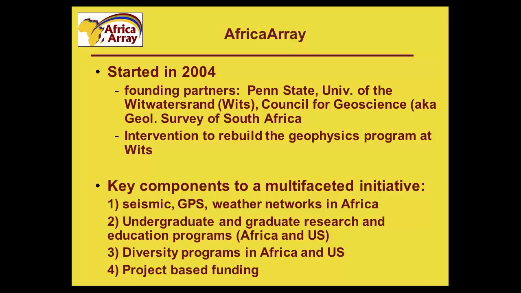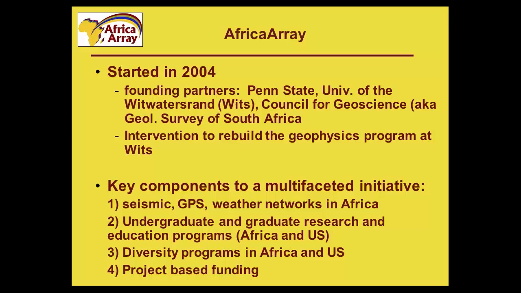Now, just some numbers to give you a snapshot of what we've accomplished over the last 10 years. We have a public-private funding partnership with contributors from a number of government organizations. The National Science Foundation here and the National Research Foundation in South Africa are the 2 largest contributors from the government. The founding partners have put a fair bit of resources into AfricaArray, and then we have a significant number of corporate sponsors that have funded projects over the years.